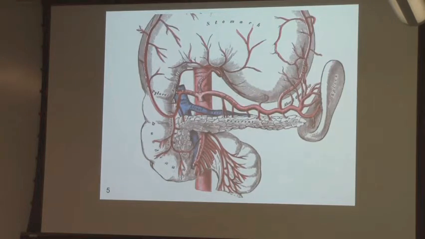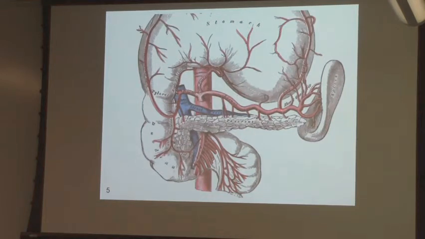Here is the left gastric, providing blood flow to the left side of the lesser curvature of the stomach. And here's the right gastric coming off of the hepatic. So this is the same stuff that we saw before. Now let's look at what else we have.